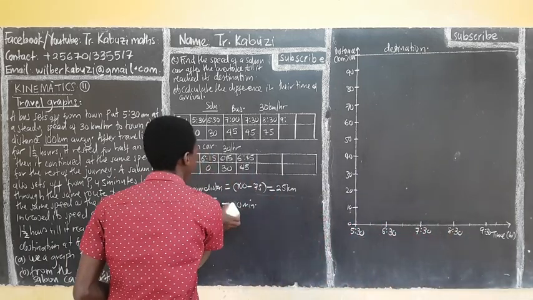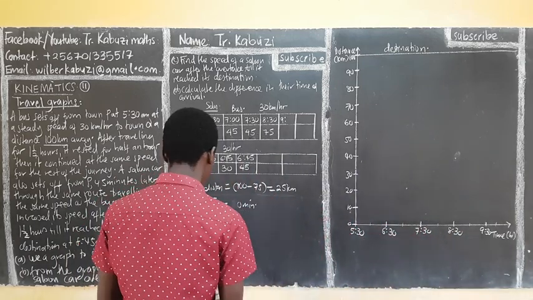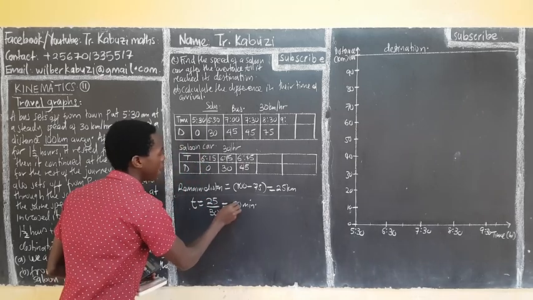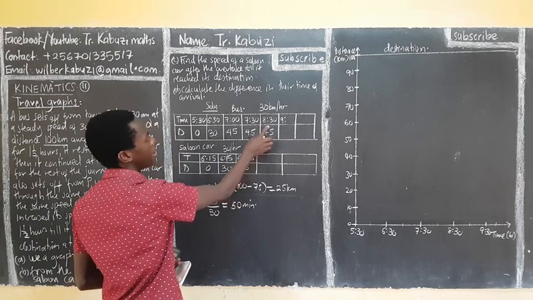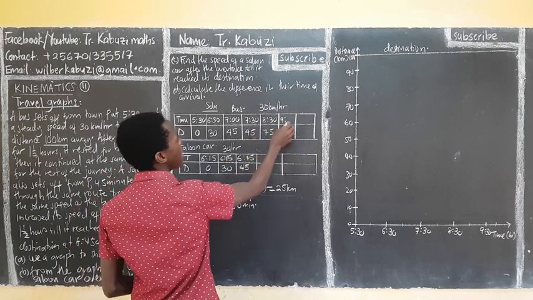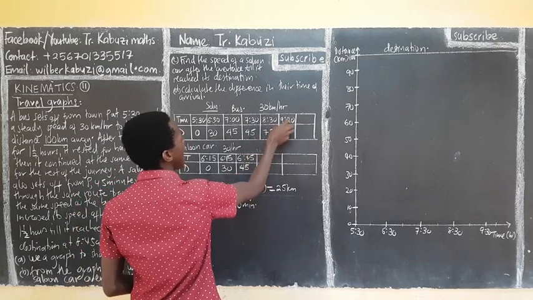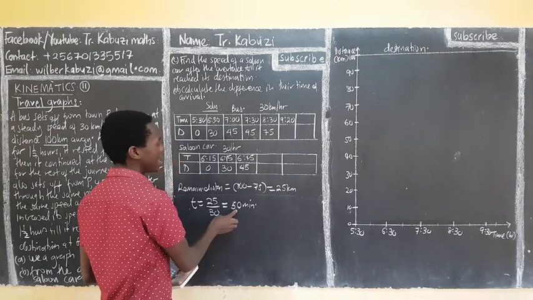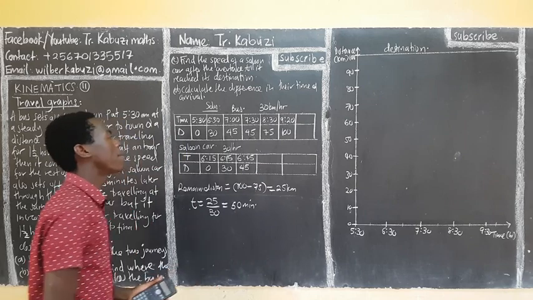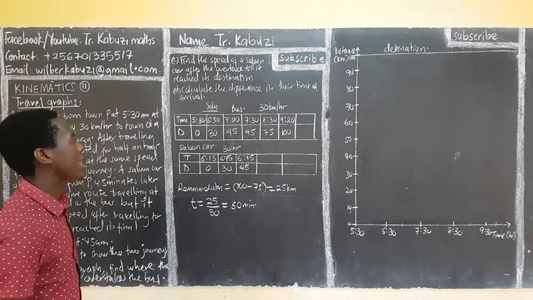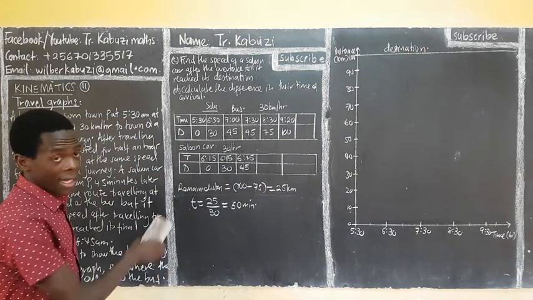So these are 50 minutes. From here, the bus is now using 50 minutes. When I add these 50 minutes here, I'll be having 9 o'clock, because in that time, the bus should have completed the 100 kilometers. So that's how we handle that.